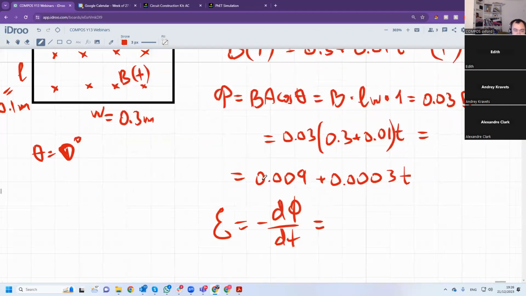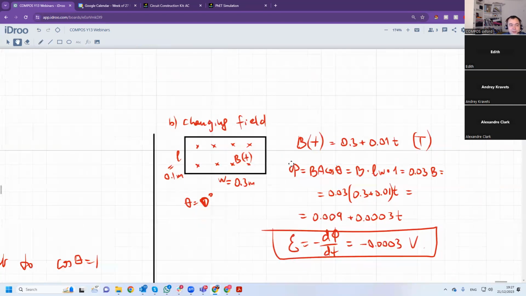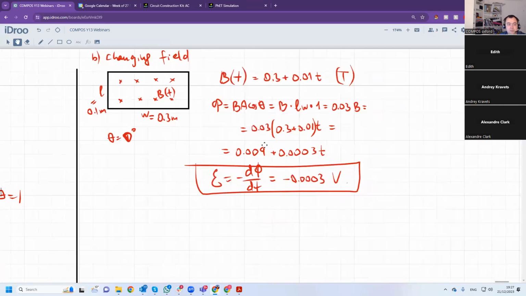So you just differentiate that, which is minus 0.0003 volts. Very straightforward. The beauty of Faraday's law is that you just write down an expression for phi and you differentiate it to find the EMF.